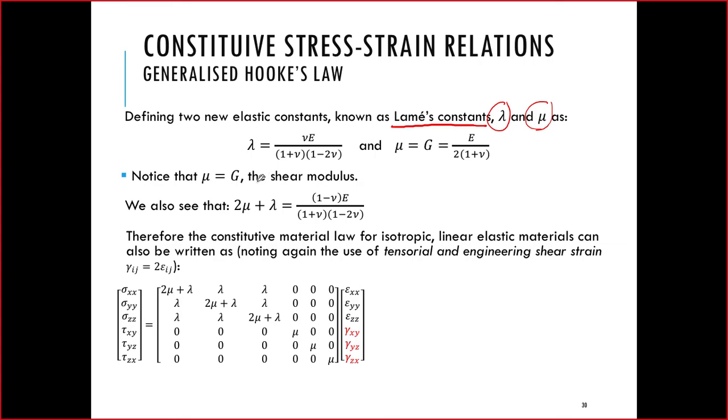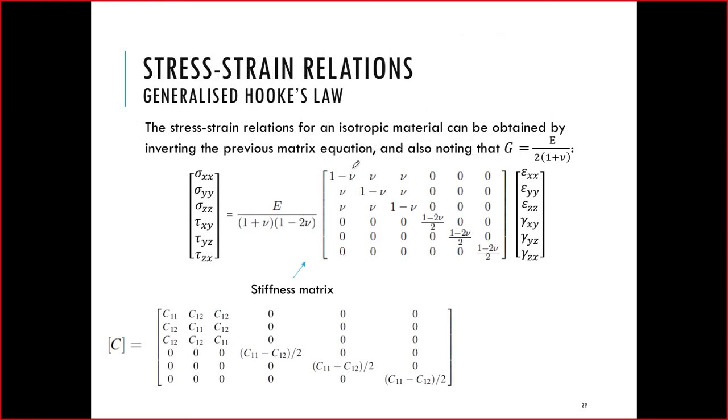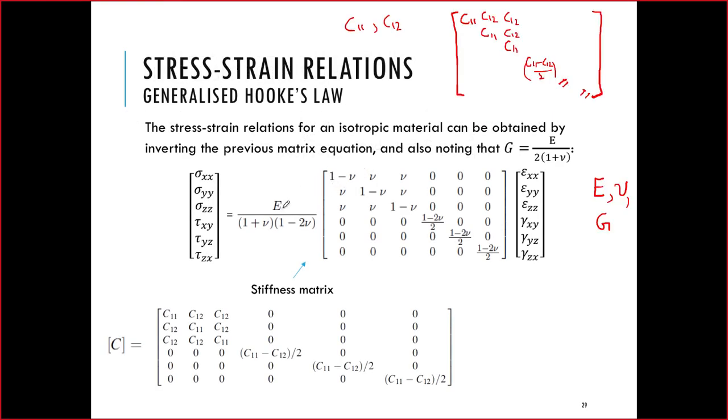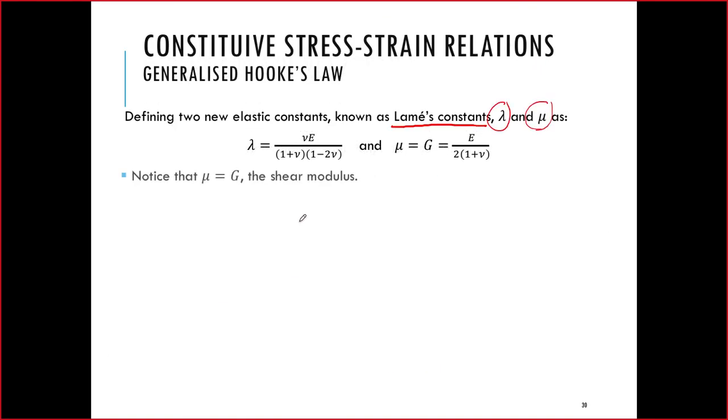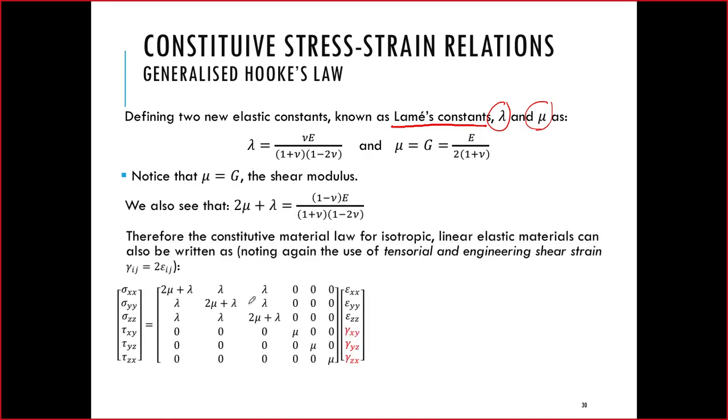And I wanted to show you that this 2 mu plus lambda does lead us back to this term, E multiplied by 1 minus nu divided by 1 plus nu multiplied by 1 minus 2 nu. The same thing comes out. So for these diagonal terms, just satisfy yourselves that this is correct, this is the same thing as on the last slide.